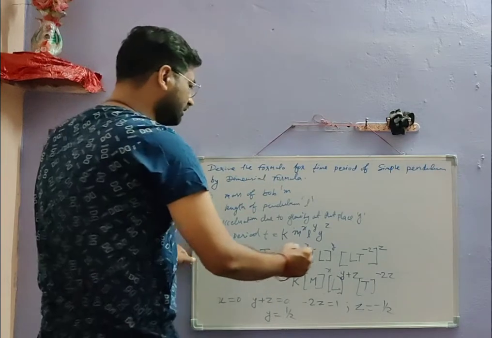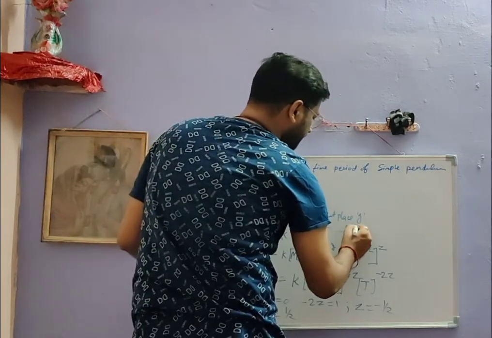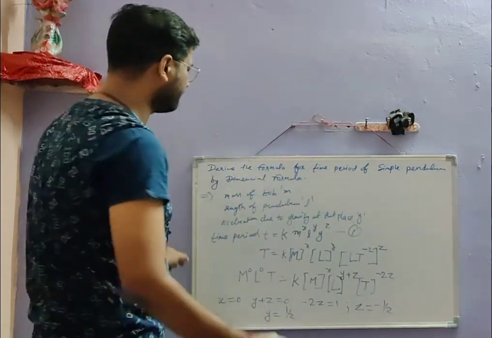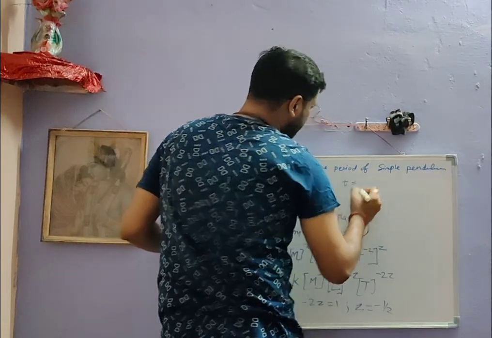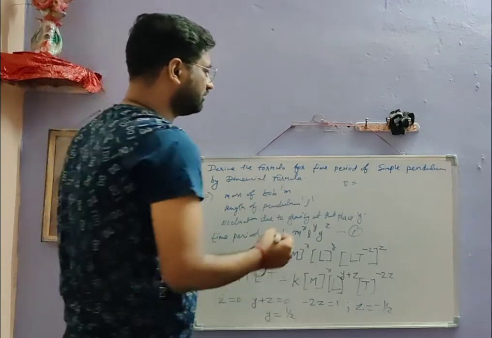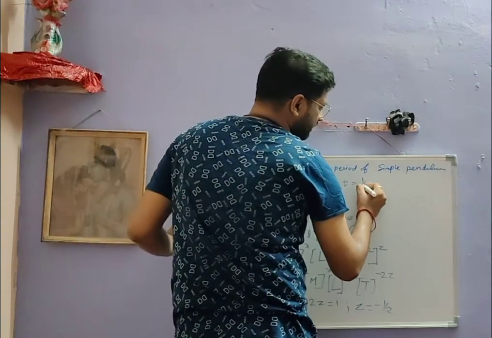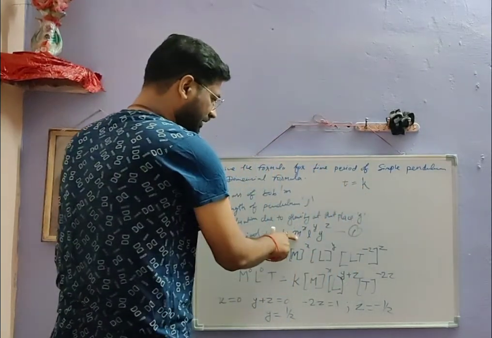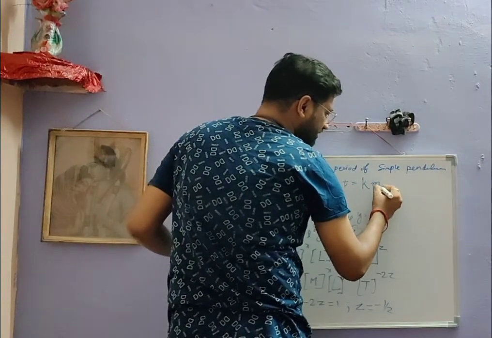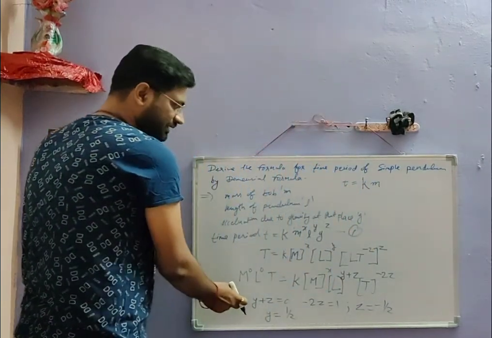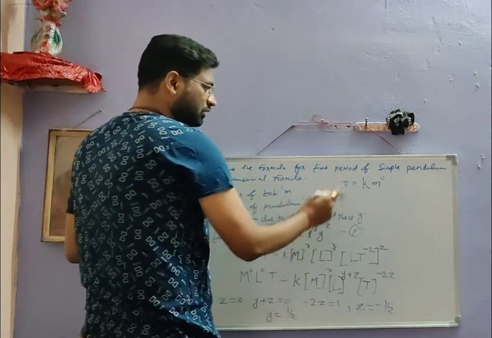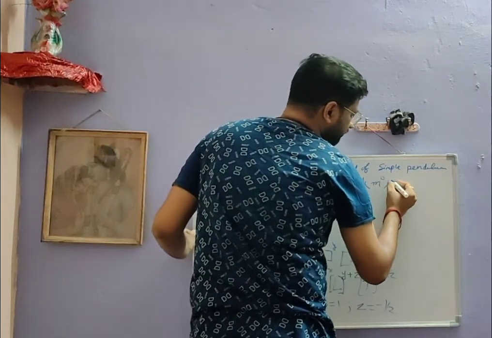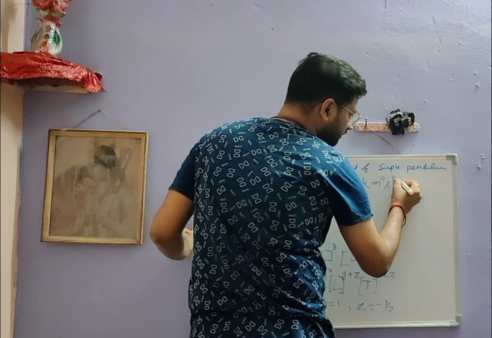So after putting all these three values in the first equation, here what we are going to get: time period T is equal to k constant, m to the power x, and value of x is 0, m to the power 0. For l to the power y, value of y is 1 by 2.